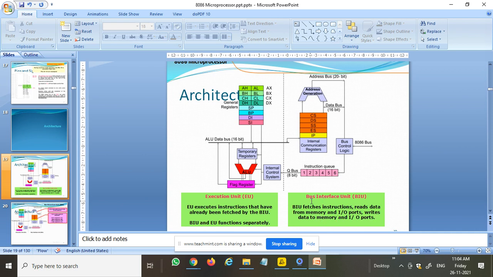The function of the EU unit is to execute the instructions that have already been fetched by the BIU unit, and both functions are separate.